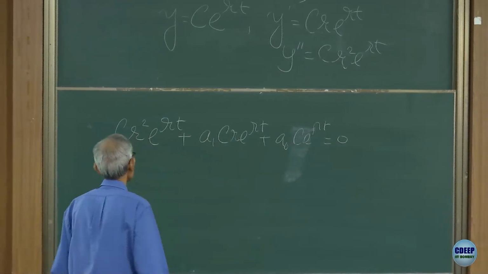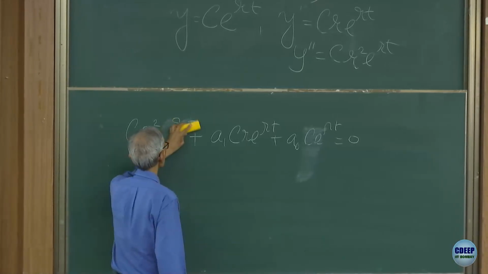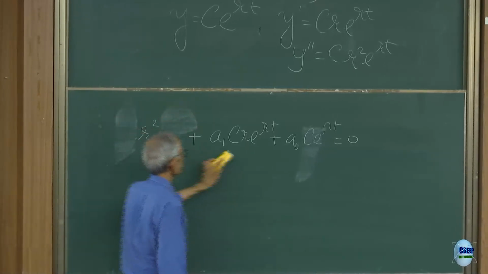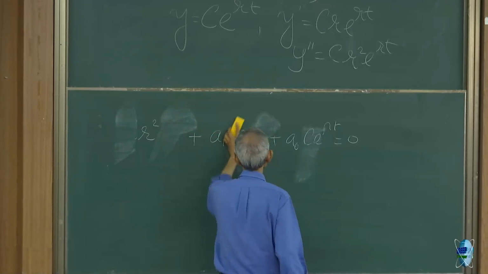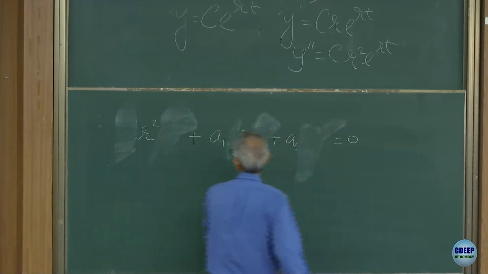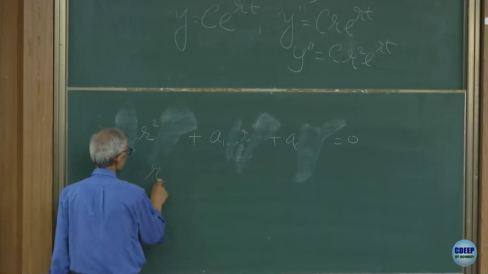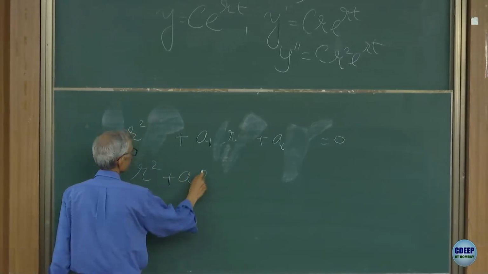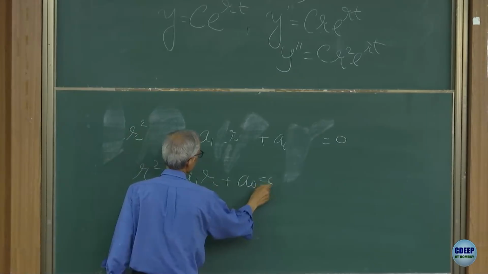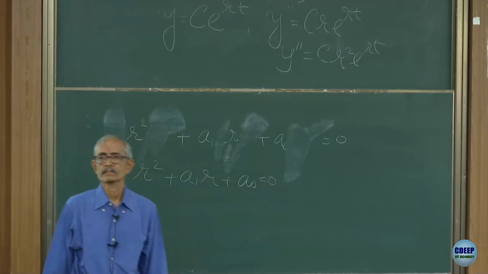And e to the power rt is not equal to 0, so you can go ahead and divide through by this guy, and what you end up with is a standard quadratic equation, r square plus a1 r plus a naught equal to 0.